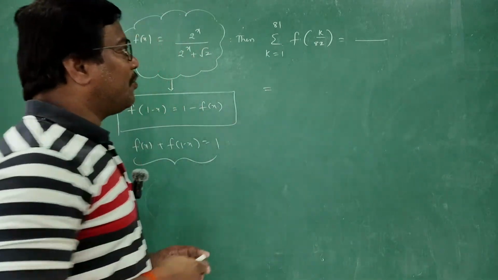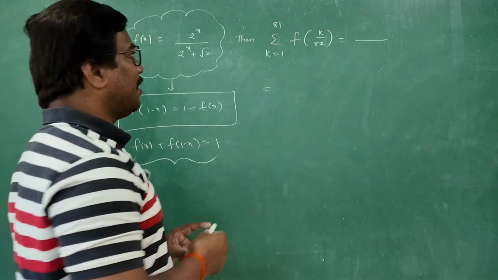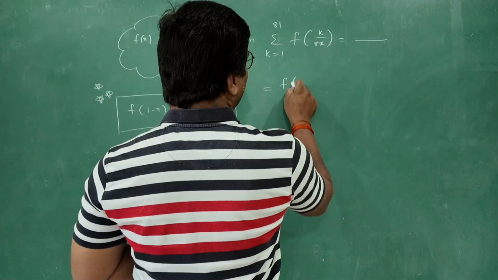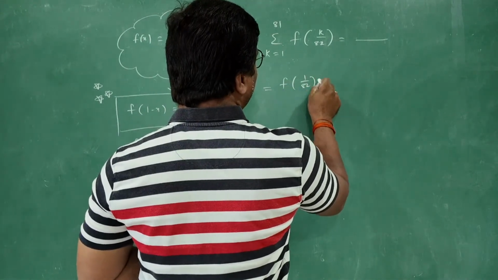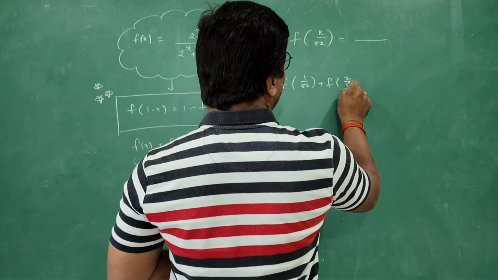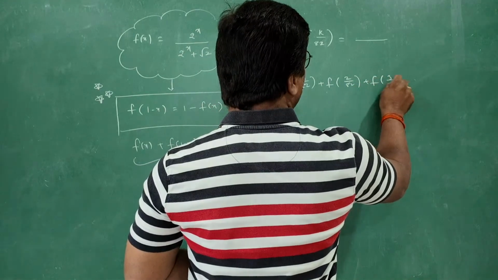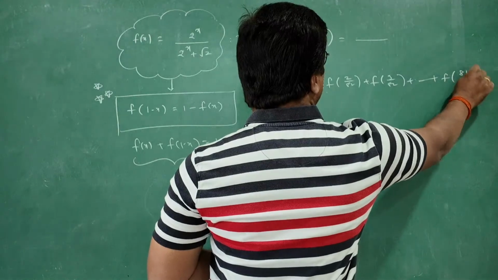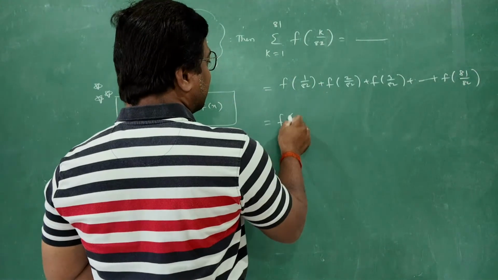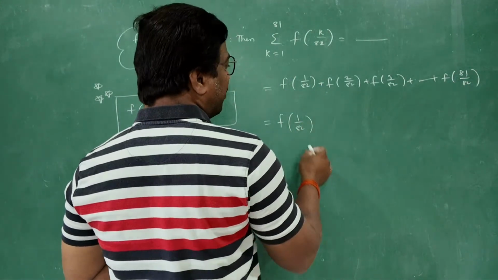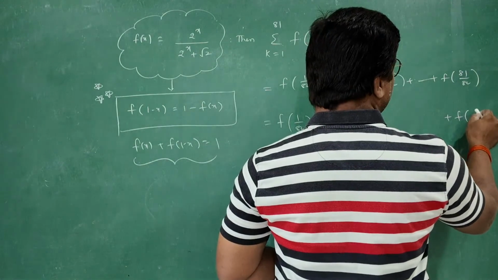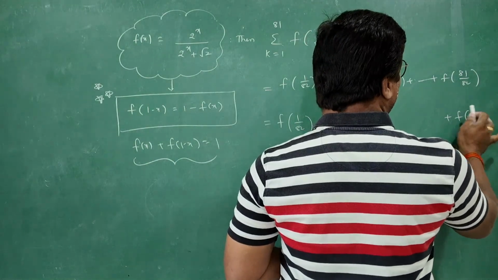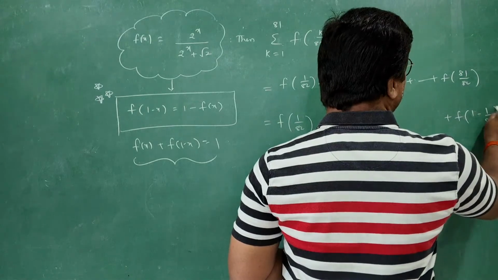Okay, now writing k value 1, 2, 3 up to 81, what we get? F of 1 by 82, f of 2 by 82, f of 3 by 82, and so on, f of 81 by 82. Clearly this is 1 by 82, and the last one is 1 minus 1 by 82.